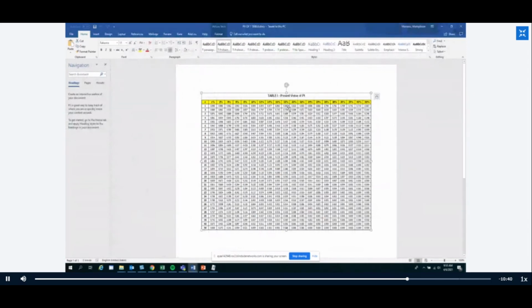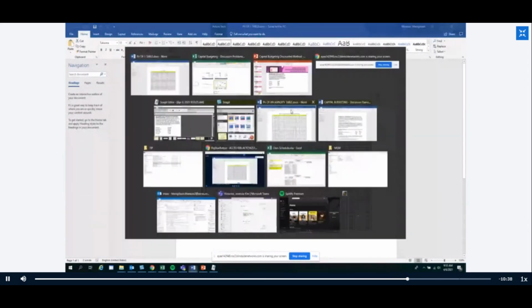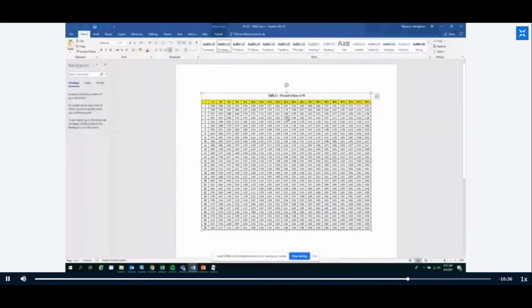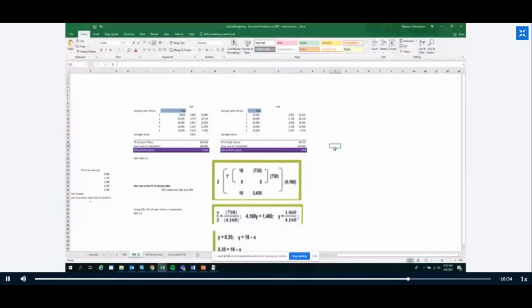So meron ka 0.847, 718, 609, 516, and 437. Pero in this case, net present value is minus 730. So therefore, we can conclude that the IRR is between 16 and 18%. Nakasunod ba, class?